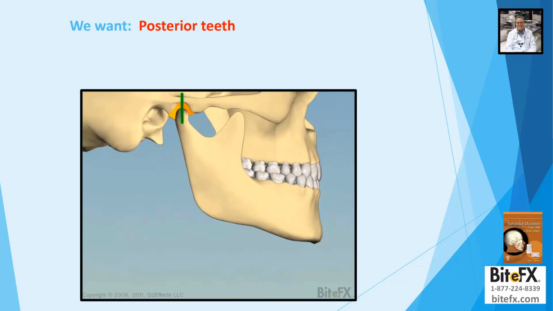We want posterior teeth that don't interfere with the TMJs in the back. And this animation will illustrate that. You see that the green lines are connected, which means that condyle is completely seated. And now I'm going to run the animation, and the jaw is going to open. And when it closes and full contact occurs into MIP, then that condyle will still be seated in the most superior position.